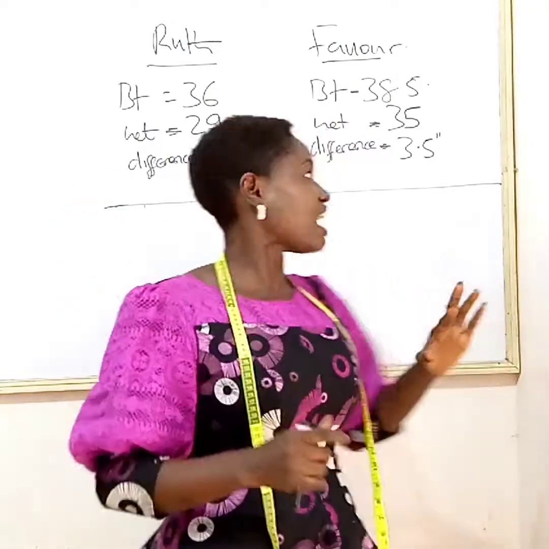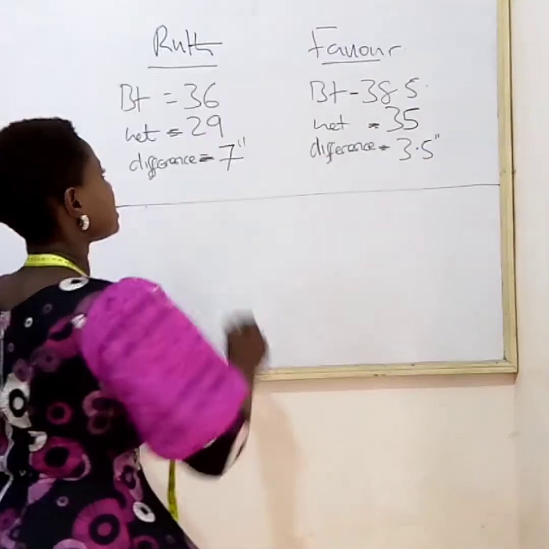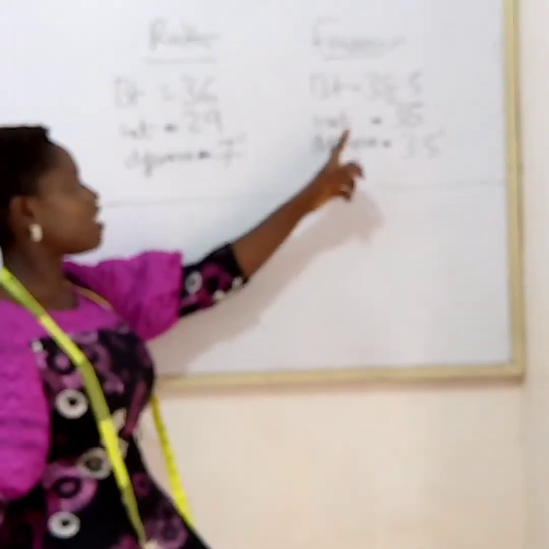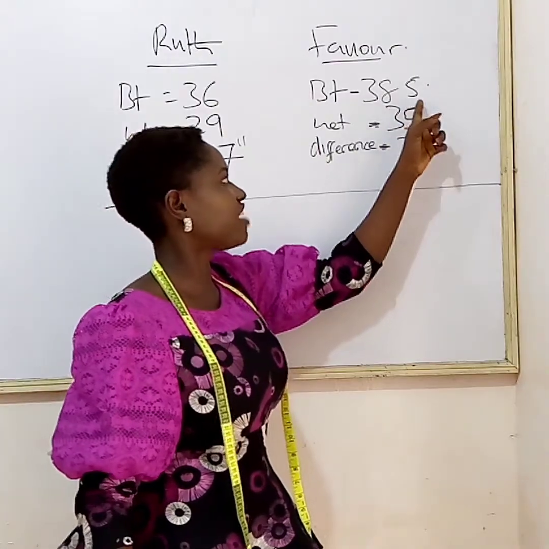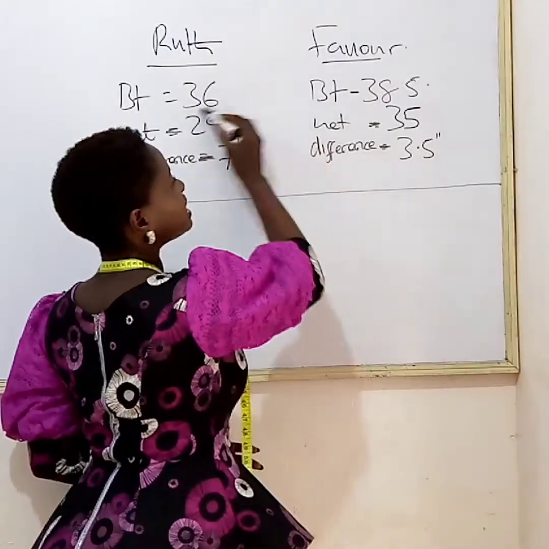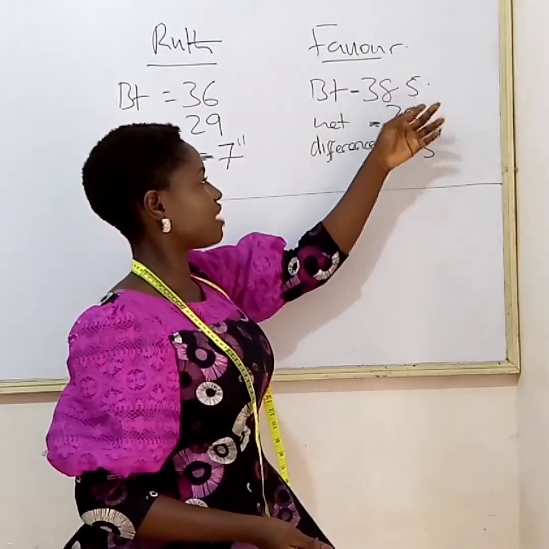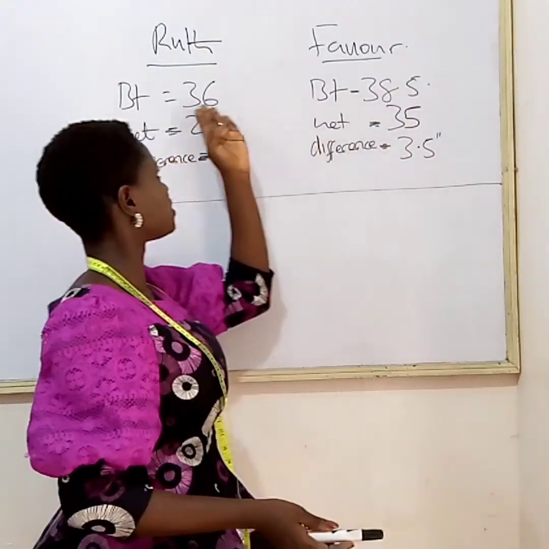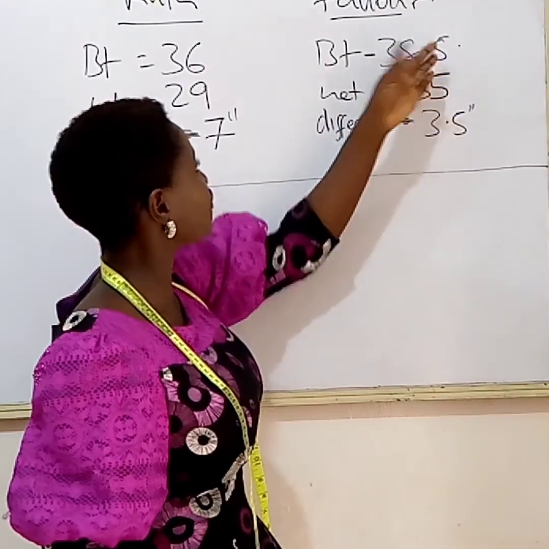For instance, I have these two measurements here. This is Ruth, for instance. Bust is 36, and for this person, Favour, bust is 38.5. Mere looking at this value, one might assume that, okay, this is 38.5, of course this person has more bust value than this. That means this person should be fuller at the front than this.